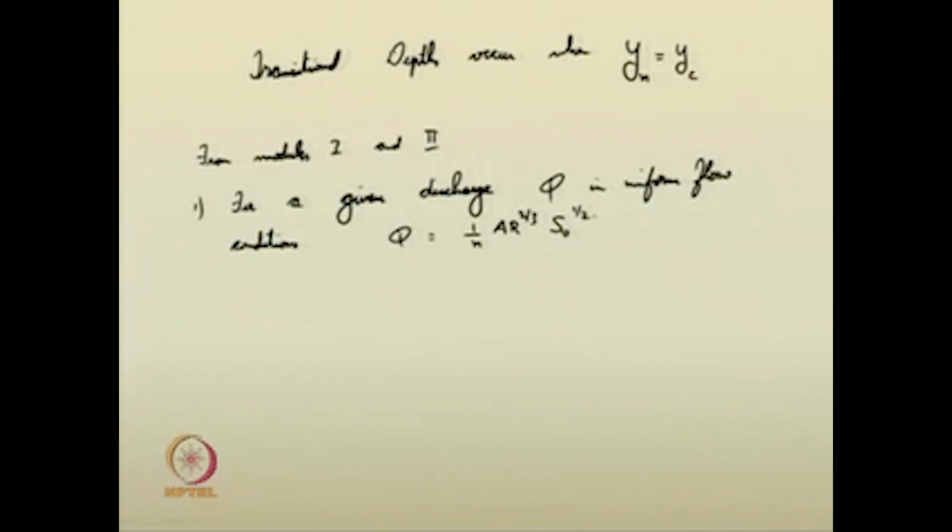Let us use Manning's equation. So, Q is equal to 1 by n A R to the power of 2 by 3 S naught to the power of half. You know what the terminology is in this equation. Like this you can compute the uniform flow.